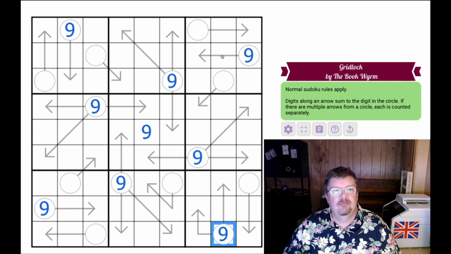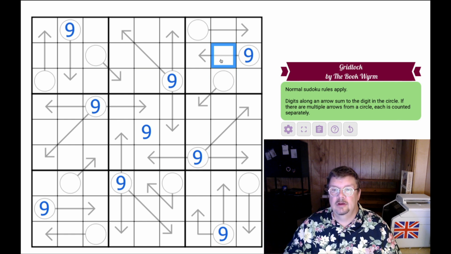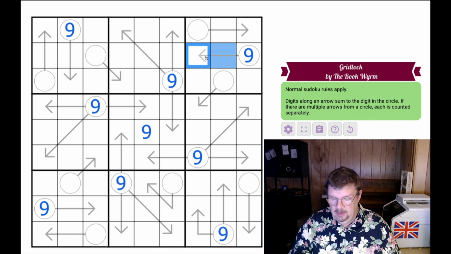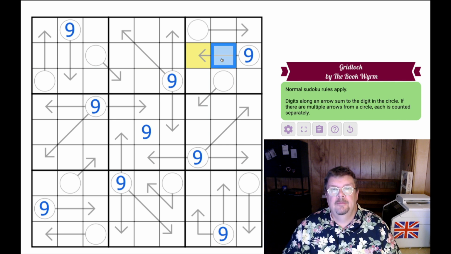In this row we have 2 digits that sum to 9. I am going to colour those 2 digits for right now, like that. Now, why do I want to do that? What's useful about colouring cells in Sudoku is that I can apply Sudoku rules without having to know what the actual value of that cell is.